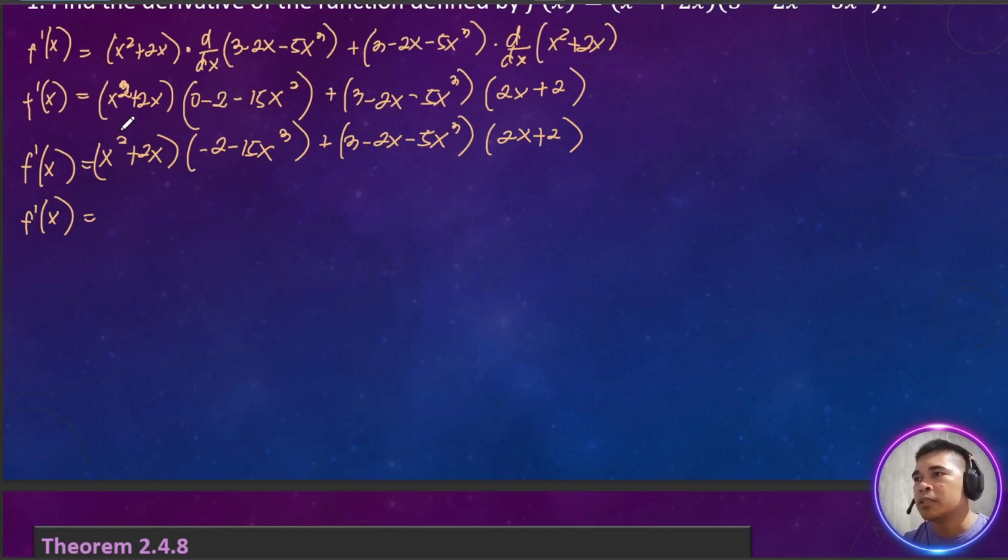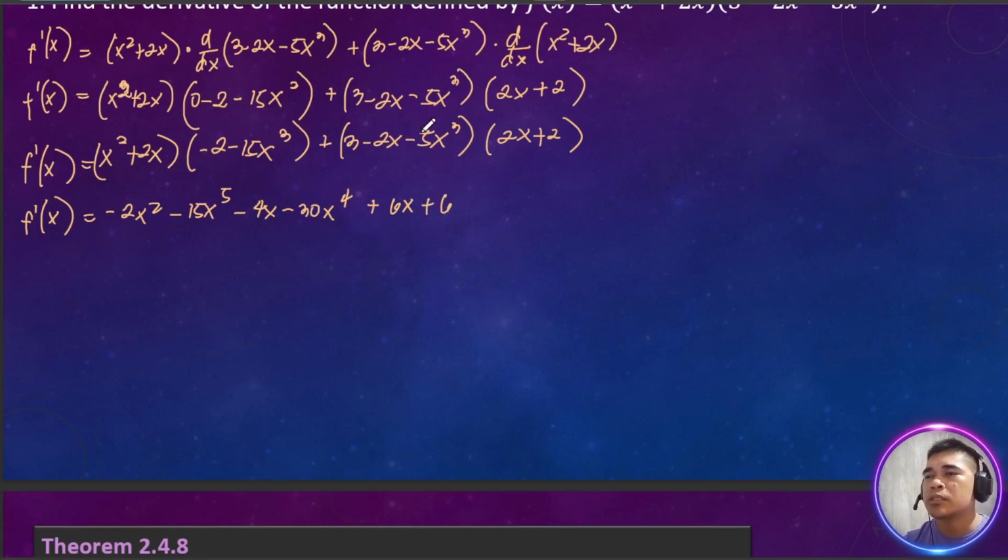So, we got x squared times negative 2, we get negative 2x squared. X squared times negative 15x cubed is negative 15x to the power of 5. 2x times negative 2, negative 4x. 2x times negative 15x to the power of 5 is negative 30x to the power of 4, plus 3 times 2x, 6x, plus 3 times 2, 6.